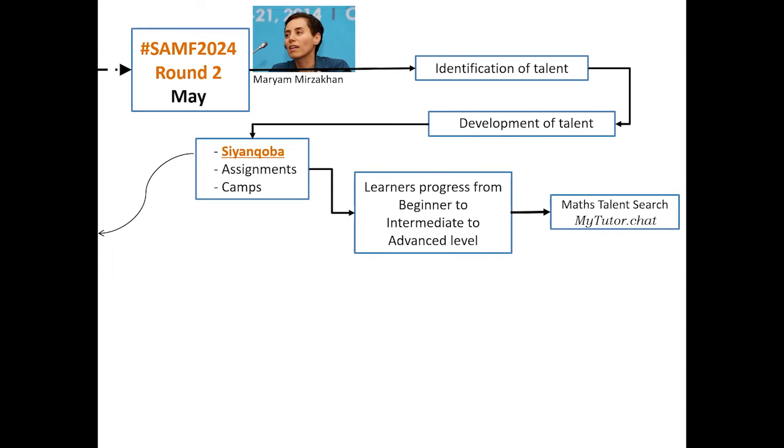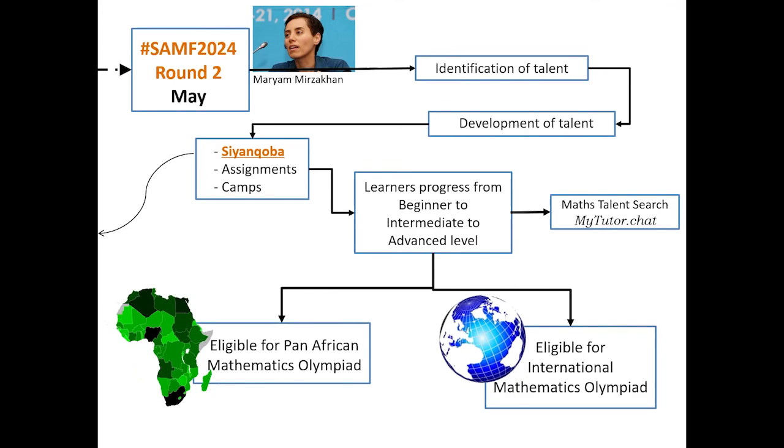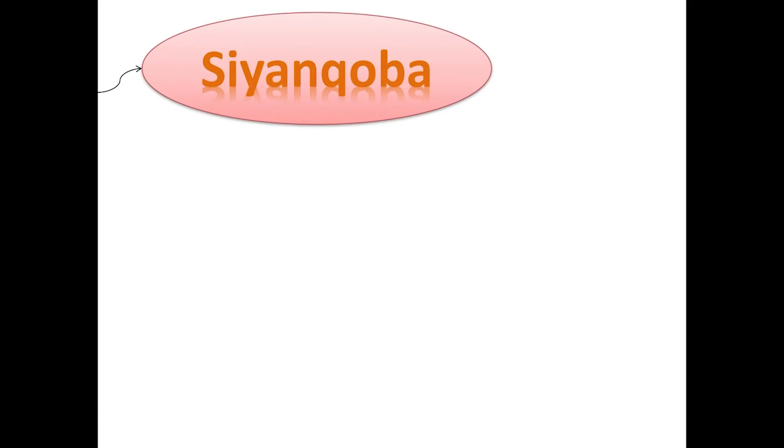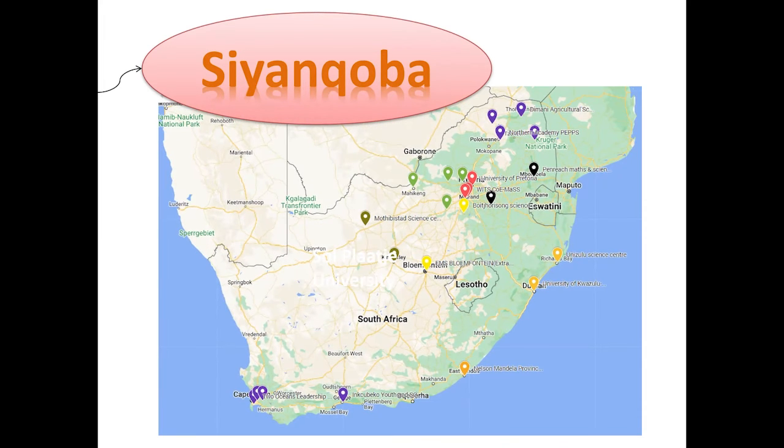Learners on the advanced level are then eligible for the Pan-African Mathematics Olympiad or the International Mathematics Olympiad. We are going to start with the Siyankoba program in 2024, and we're looking to set up about 12 centers countrywide, which we hope to expand to about 27 centers countrywide.